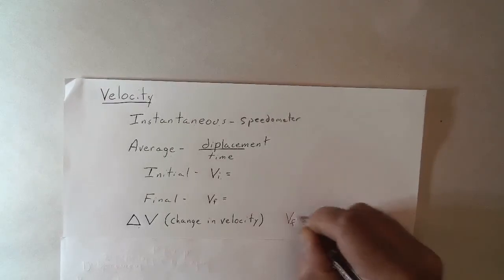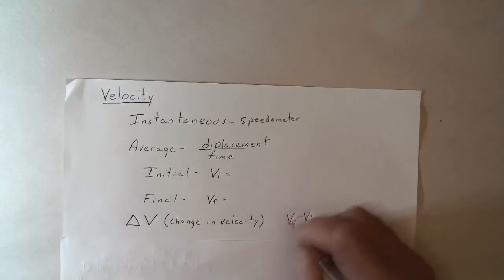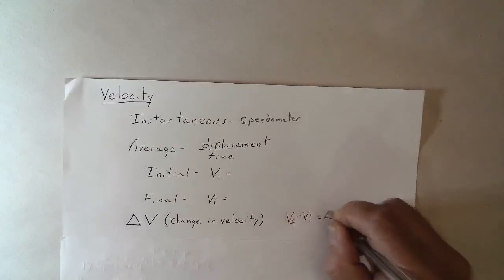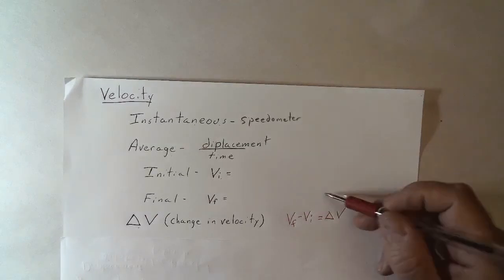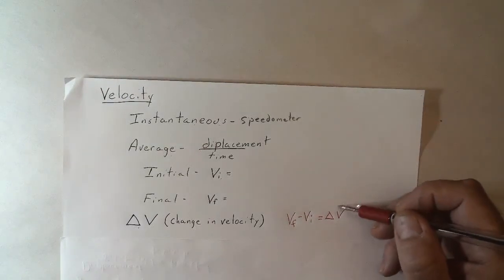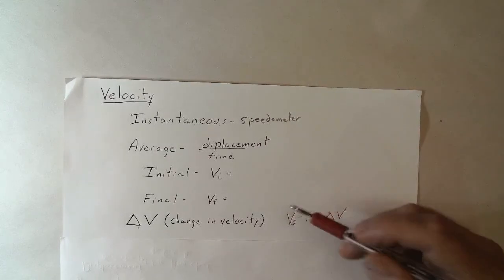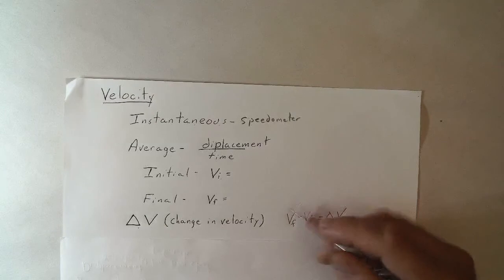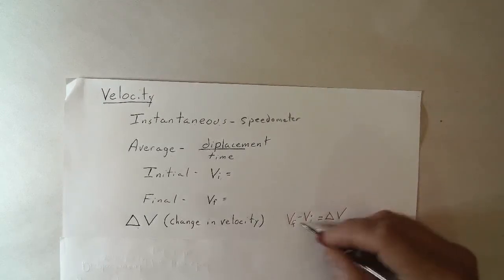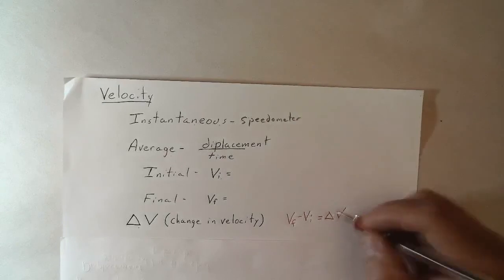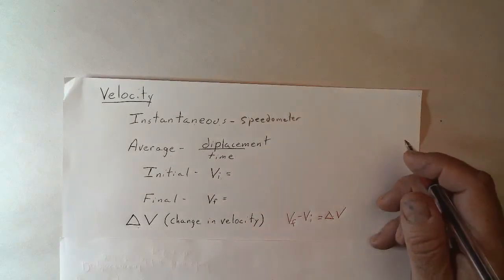So Vf minus Vi, that's going to be delta v. So we will use that. Notice we didn't need to look that up. We derived that just because we're smart. So what was my change in velocity? If I was going 20 miles an hour and ended up at 30 miles an hour, I take 30 miles an hour, subtract my 20 miles an hour, and that would be my change in velocity. 10 miles an hour, by the way.